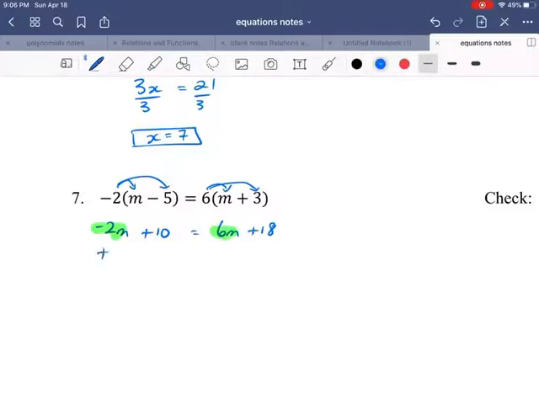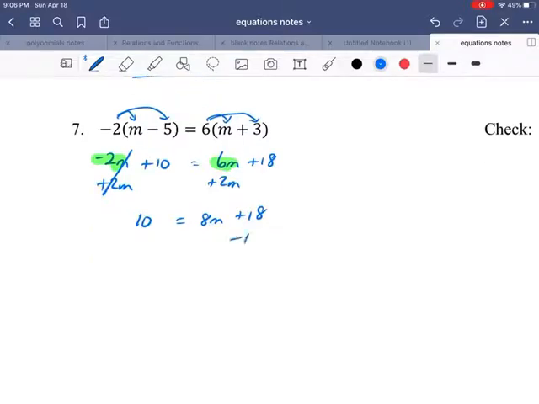So let's add 2m and add 2m. That makes a zero pair, and you're left with 10 equaling 8m plus 18. And if we subtract 18 from both sides, 8m is going to equal negative 8. And if you divide by 8, m equals negative 1.